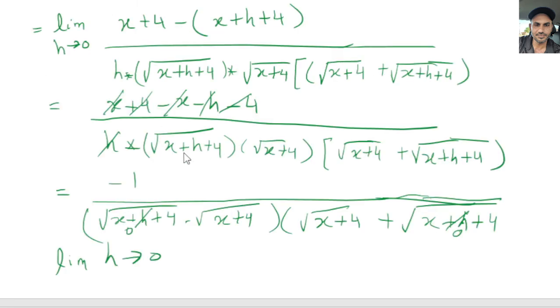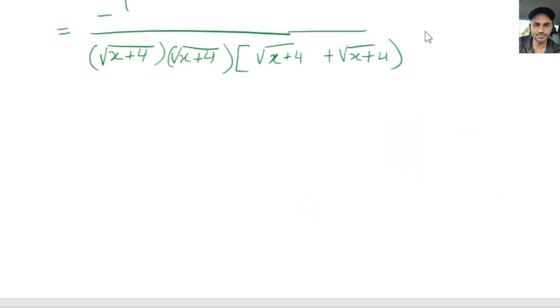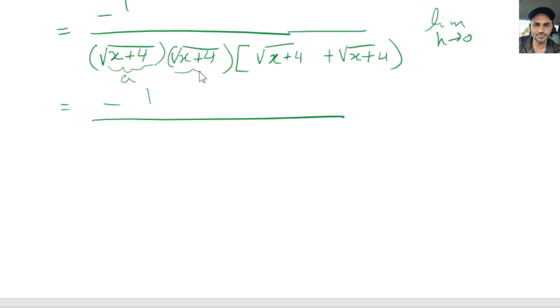Okay, so h becomes 0 in our denominator term. So this is what we're left with as the limit of the function as h goes to 0. Now if you look at it, if you treat this as a and this is a, so this is just a square.